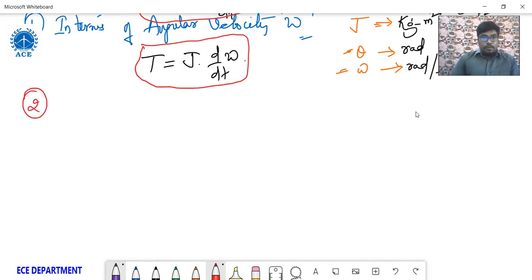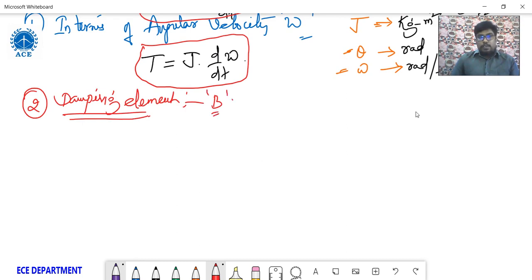Next term is the damper element, which is represented with B only here also, right? Whenever the torque is applied to a damping element, that is called damping force, I mean damping torque in this case. So the damping torque is directly proportional to the angular velocity.